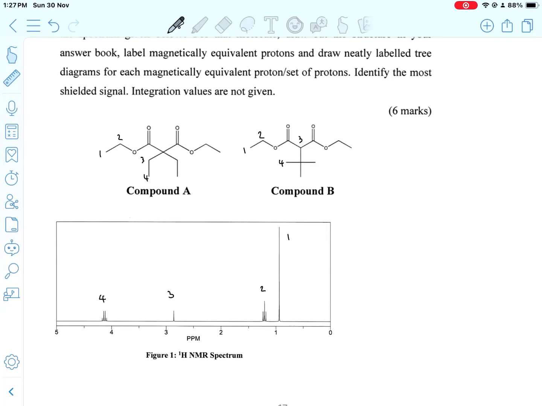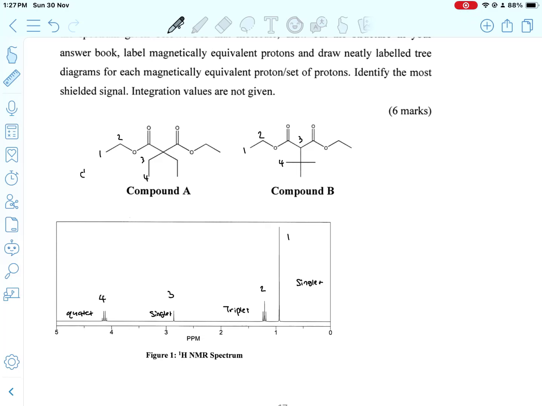Alright, the next thing you have to do is identify the multiplicity of each signal. The first signal is a singlet, the second is a triplet, the third is another singlet, and the fourth is a quartet. From the use of this singlet, you can actually identify which is the right one already. Let's look at compound A first.